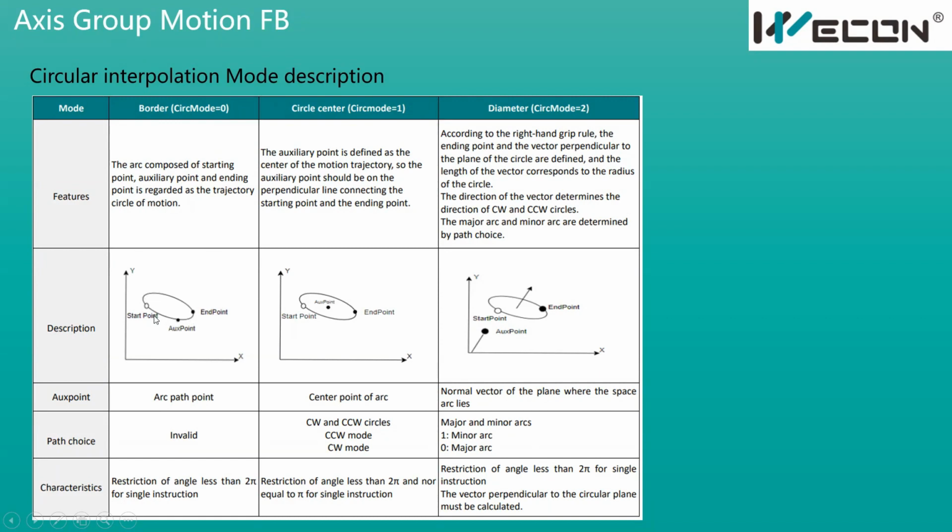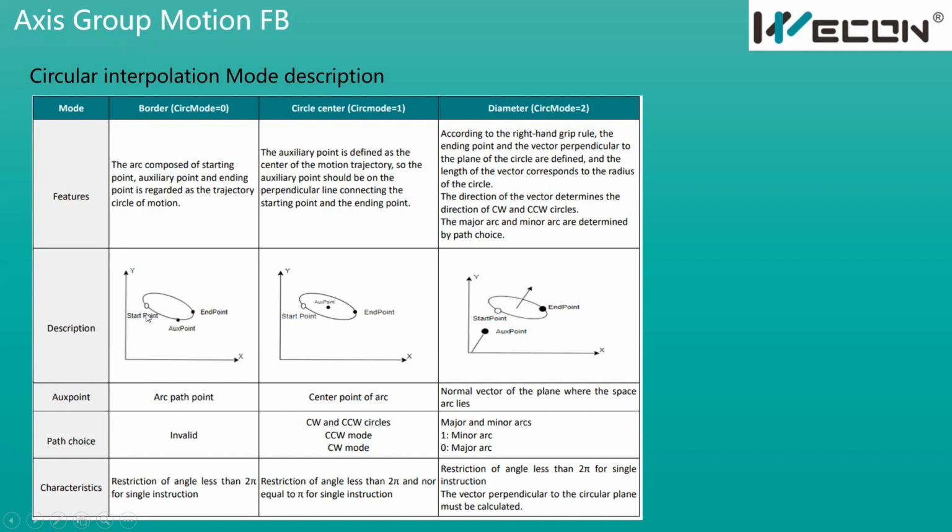With these 3 points, we can get a circular. And for this mode, we don't have path choose setting because the direction will be a certain one.